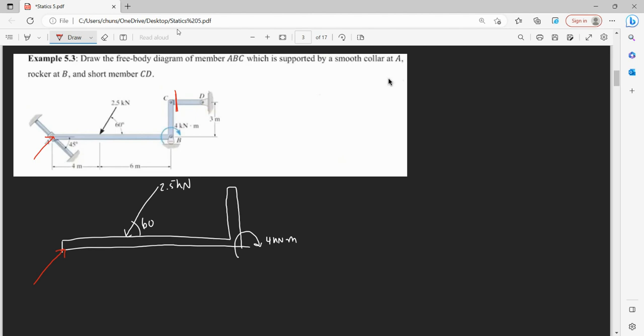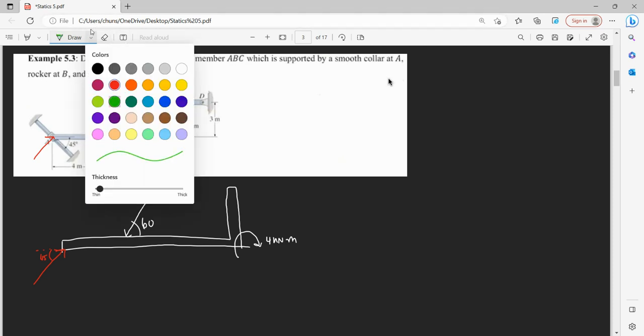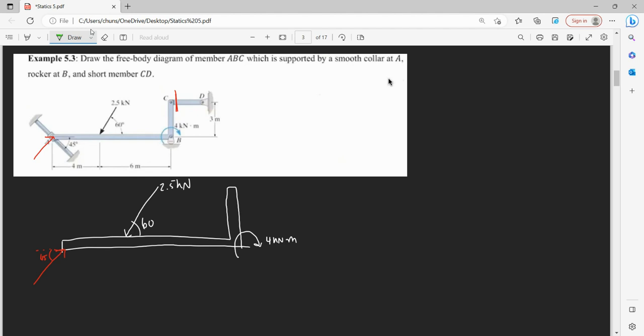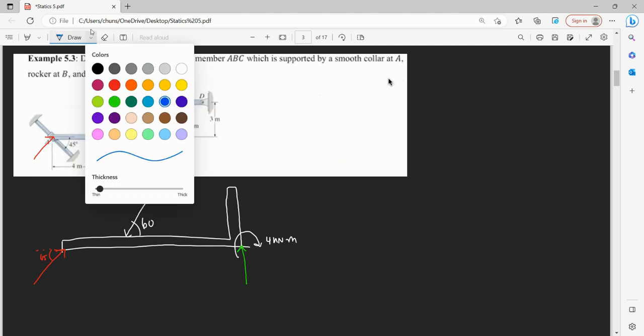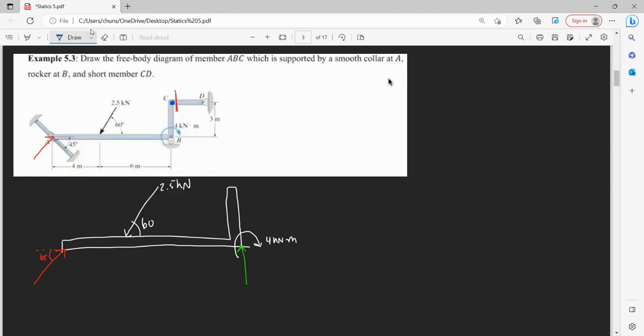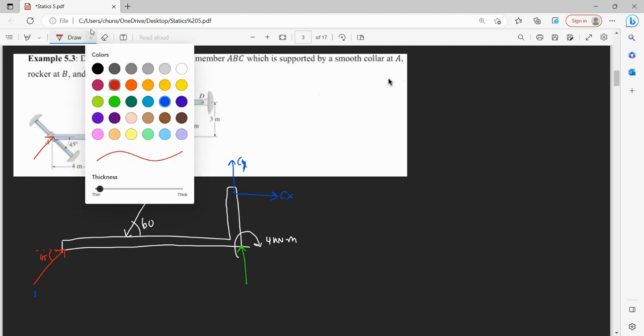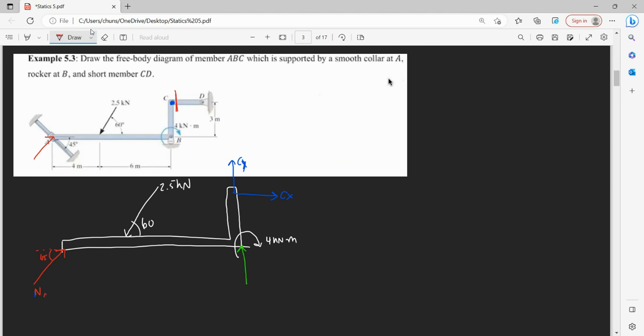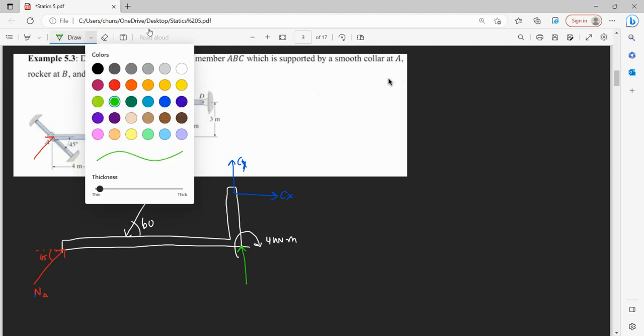So there is one that makes a 45-degree angle, and we have a rocker B here, so that's going to produce a normal force. And because we have this little pin here at C, that creates CY and CX reactions. And I'm going to call this normal A and normal force B.